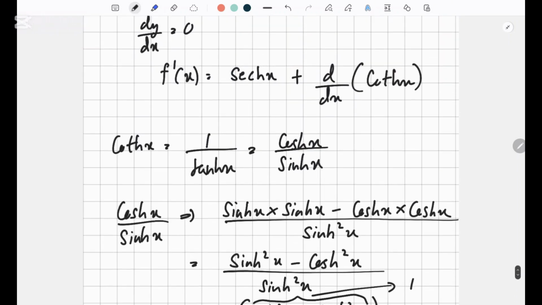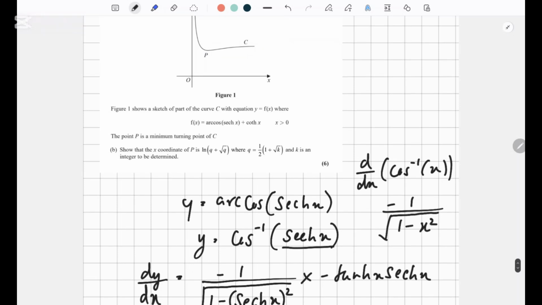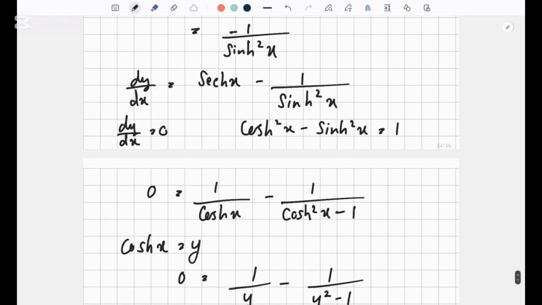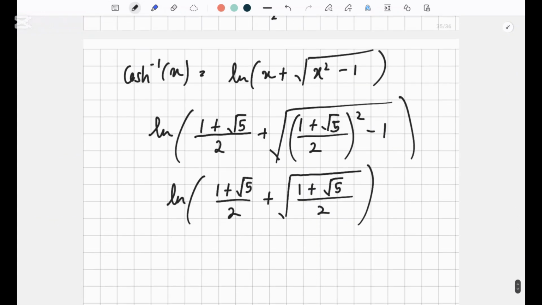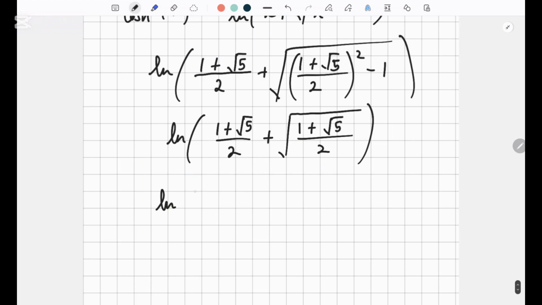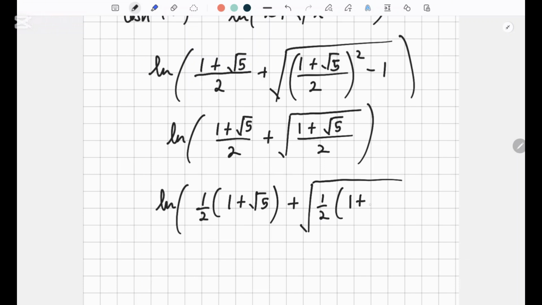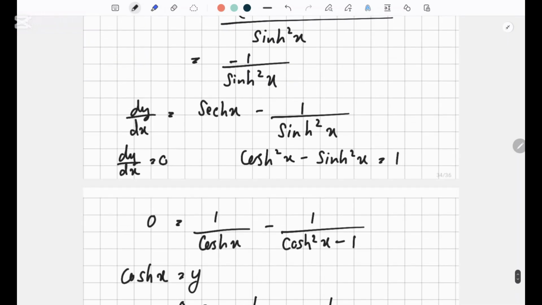Let's just see in what form they're asking us to give the answer. Okay, so you can write this as ln. You can take half out, and you can write this as half of 1 plus root 5 plus root of half of 1 plus root 5. Right? Because they're asking us to give the solution in that form.